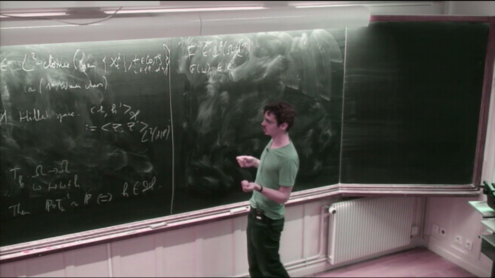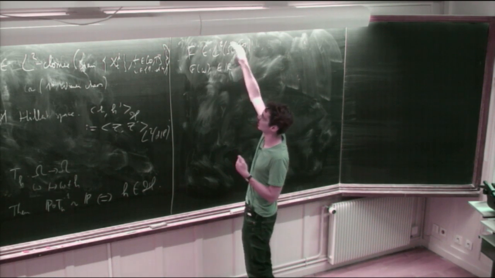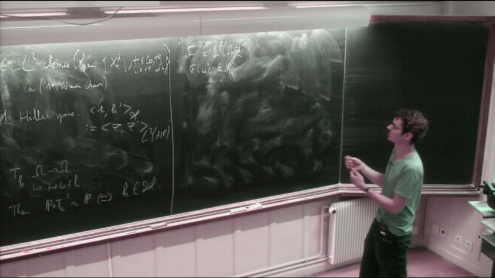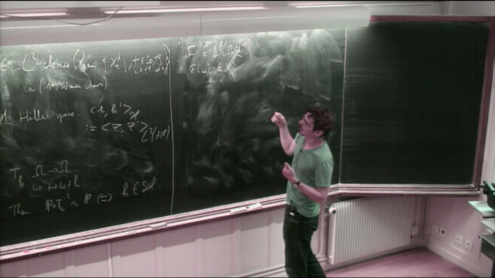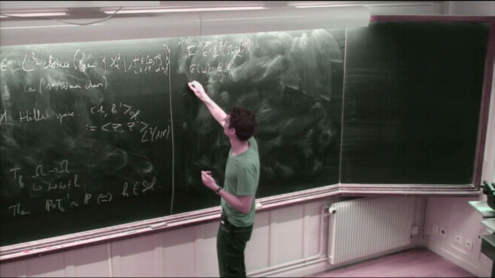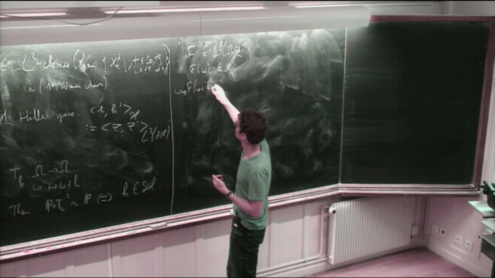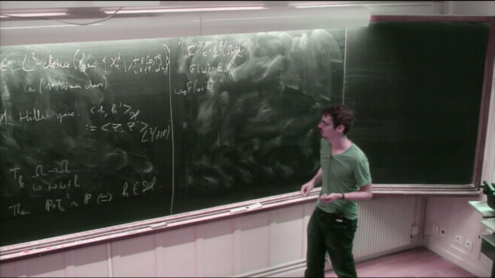Here I take L2, but the 2 does not matter. It's just a random variable which is defined up to P null sets. And then what happens if you want to look at the map which looks at the translation, F of omega plus h?